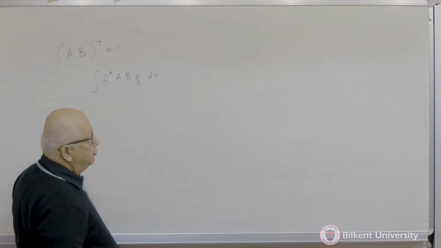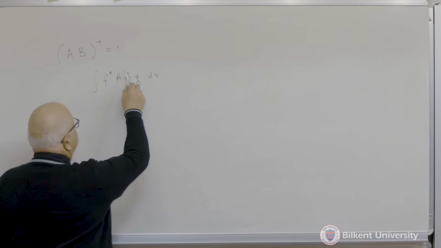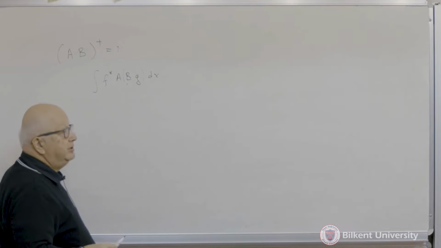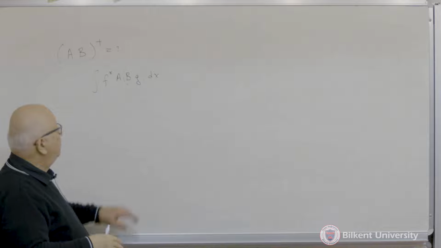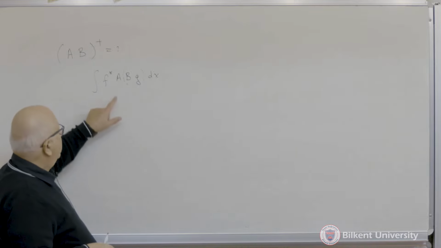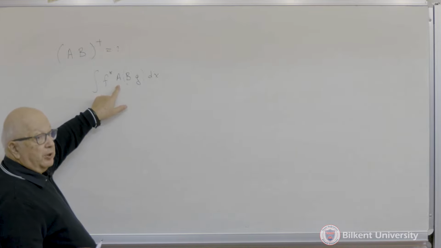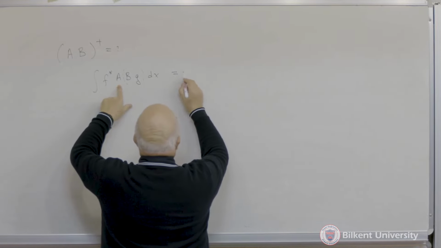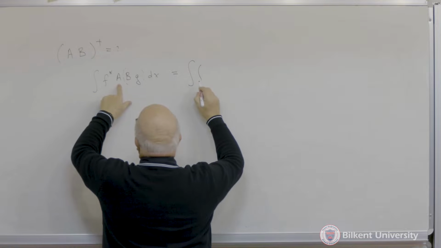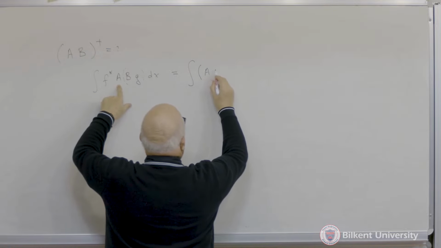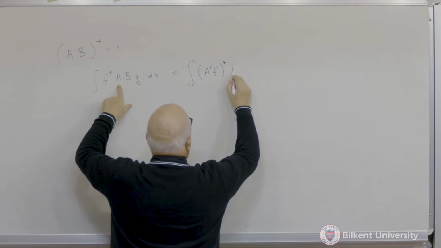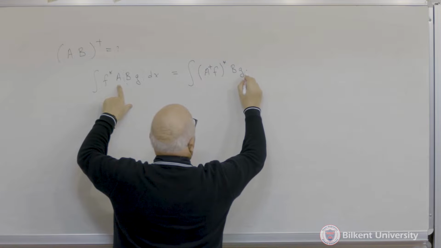So how do I do that? Well, I can take this B times G as my right-hand function, and think of A as an operator all by itself. That gives me this A operating on F, with an adjoint, complex conjugate, times B times G dx.